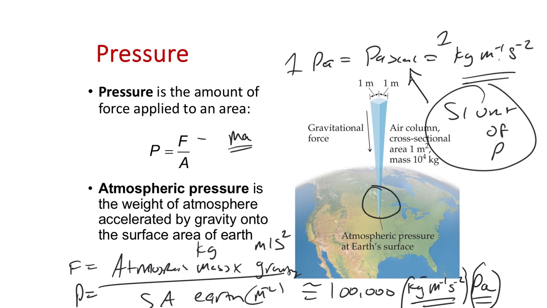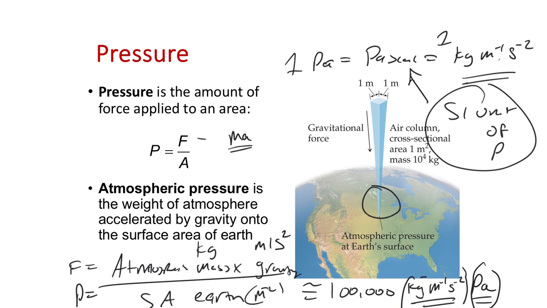It's also the mass of air that would be sitting above 1 square meter. If you took a 1 square meter column of air straight up into the atmosphere, it would turn out that there's about 10,000 kilograms of mass above every square meter.